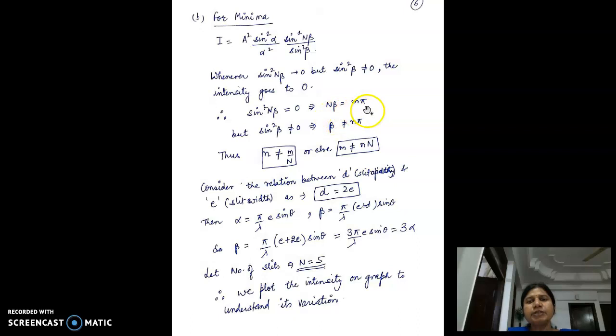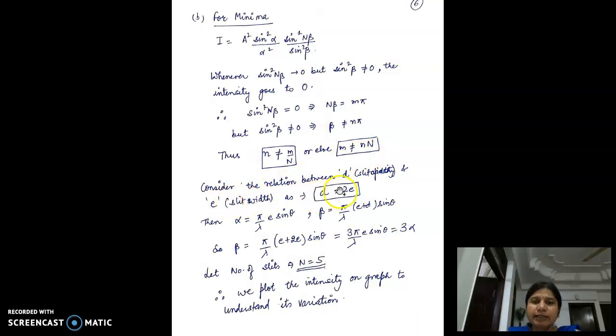That means n beta should be equal to an integral multiple of pi. But sine beta should not be equal to 0, which means beta should not be equal to an integral multiple of pi. And thus, comparing the above two expressions, m should not be an integral multiple of n.